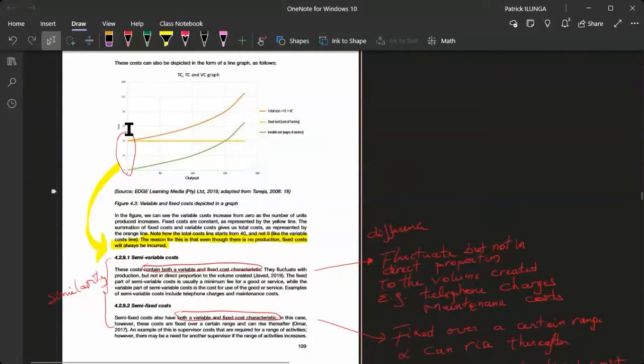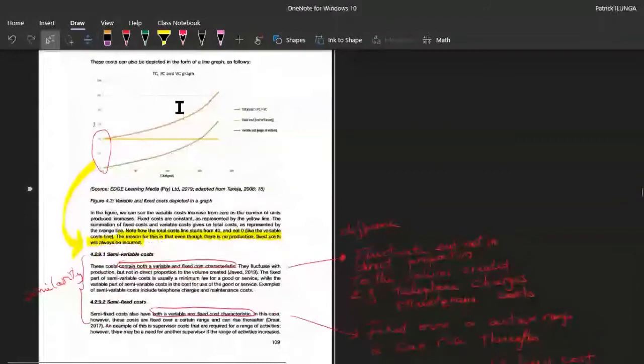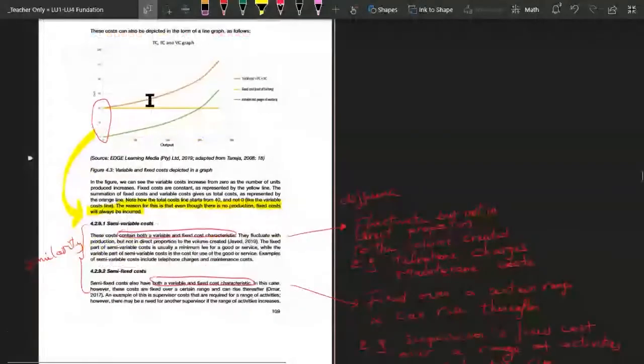That's the meaning of this graph. So look at this curve on top here. That's the total cost, which will include your fixed and your variable.